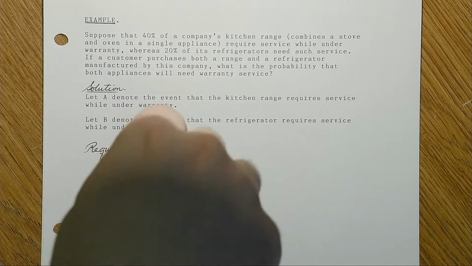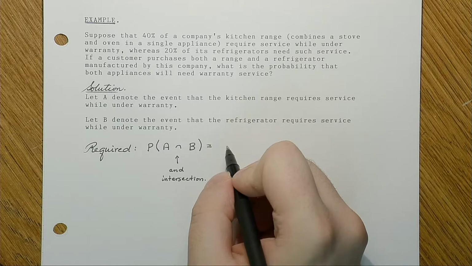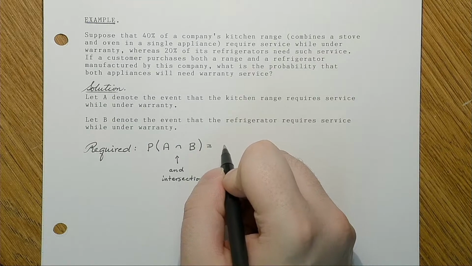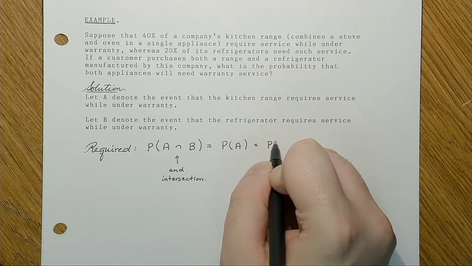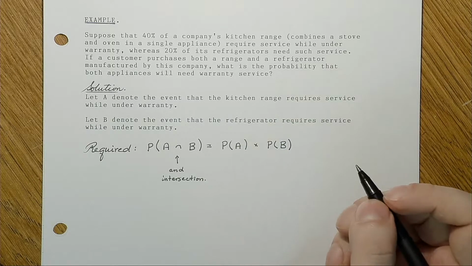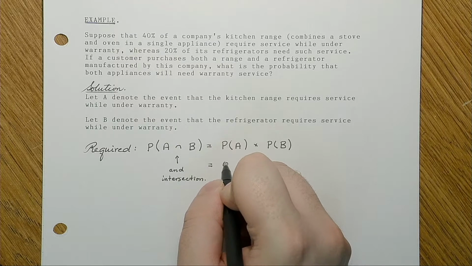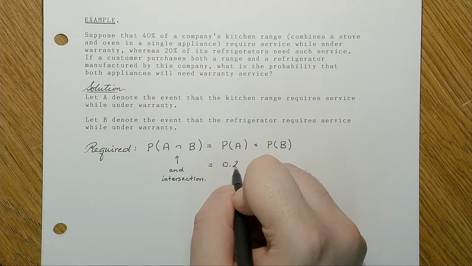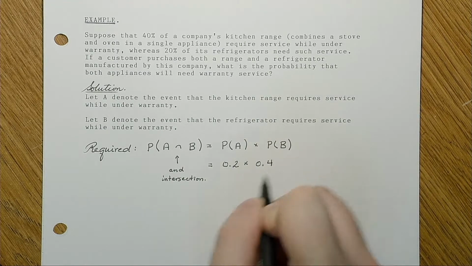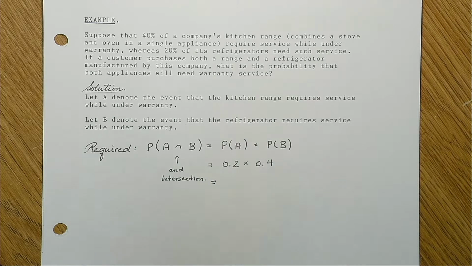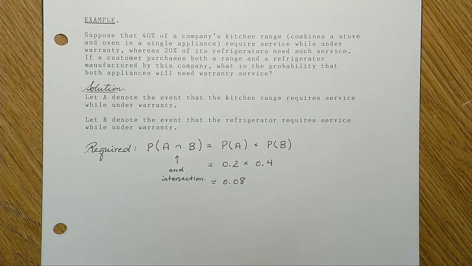Someone is writing, okay. They're saying the probability of A times the probability of B. So then they went and multiplied it together, 0.4 times 0.2, which gives us 0.08.